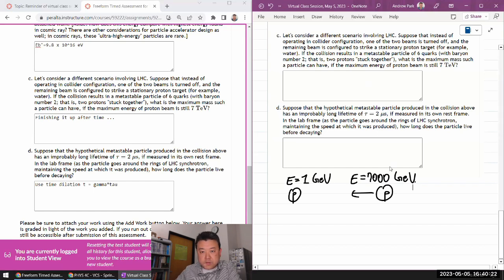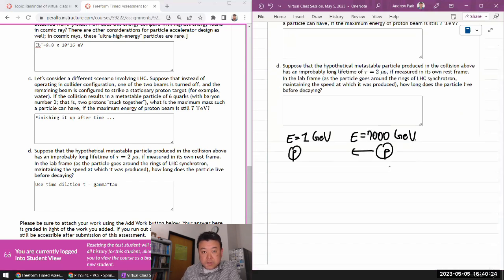The momentum for this particle will be very close to 7,000 GeV per c, but it might be that I can't do that approximation.